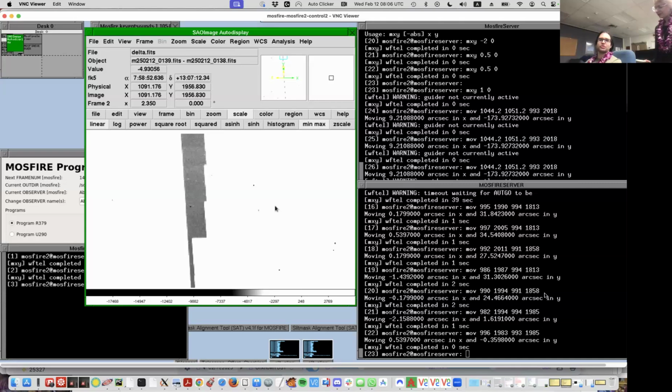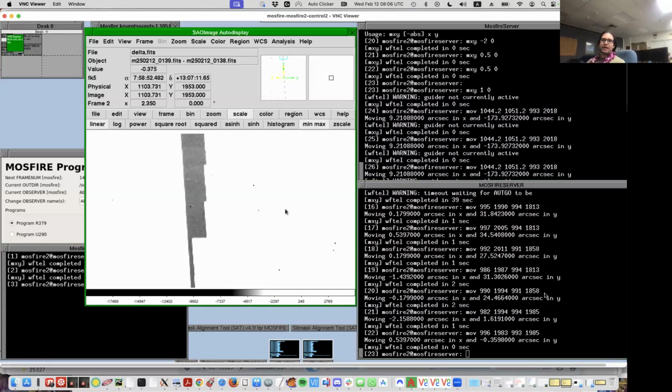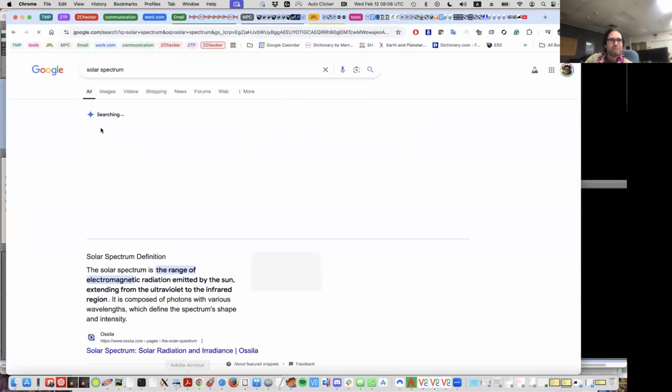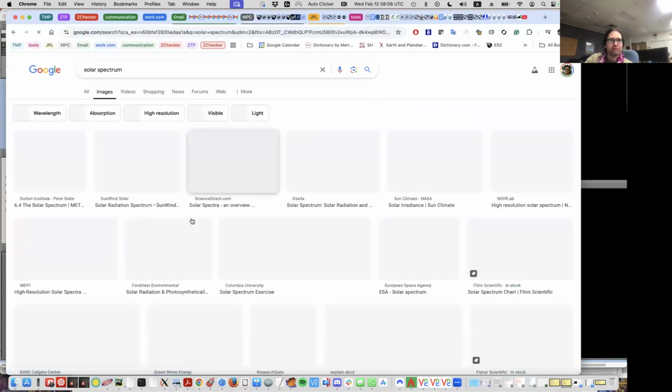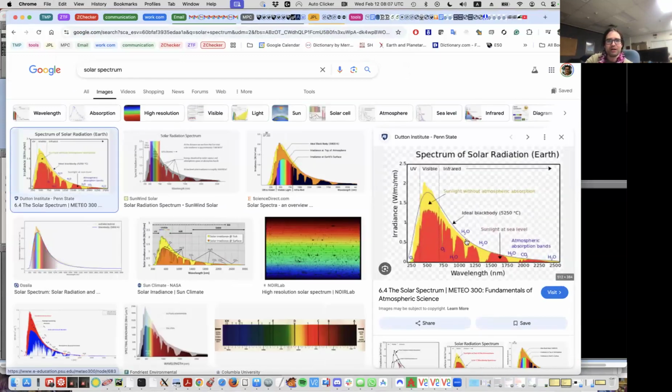Yeah. The peak in the solar spectrum is about 550 nanometers, and it drops down precipitously past 800 nanometers. Let me see if I can get a picture here. Oh, this is in nanometers, how convenient.